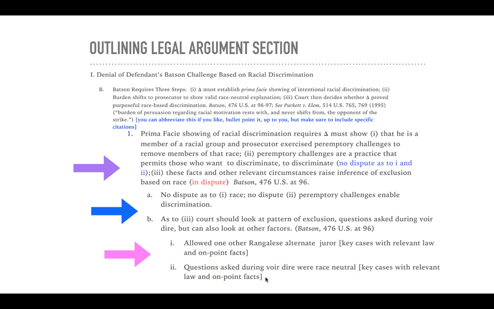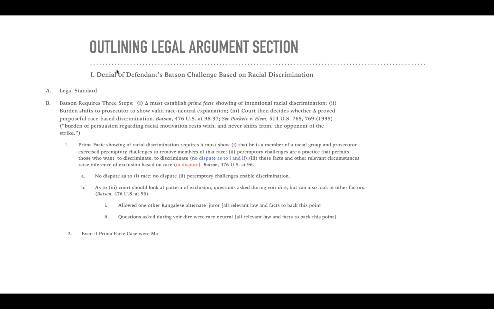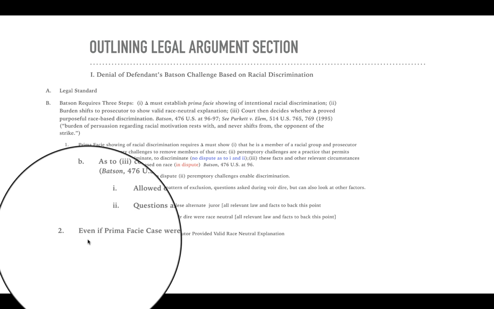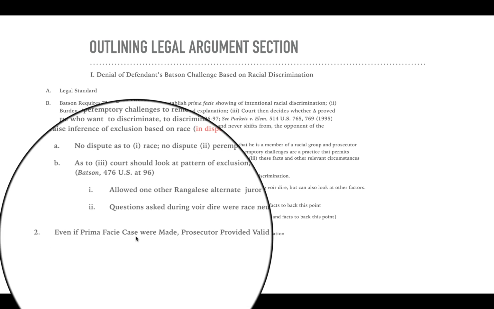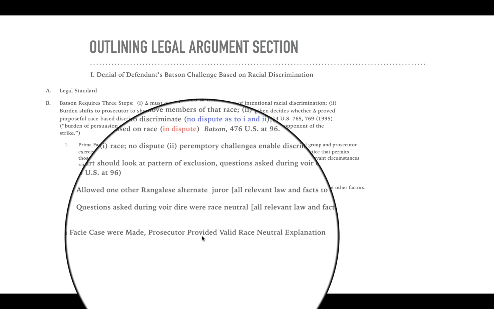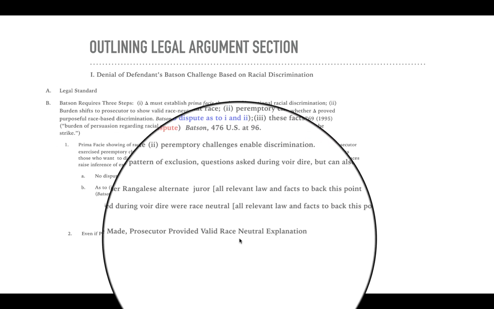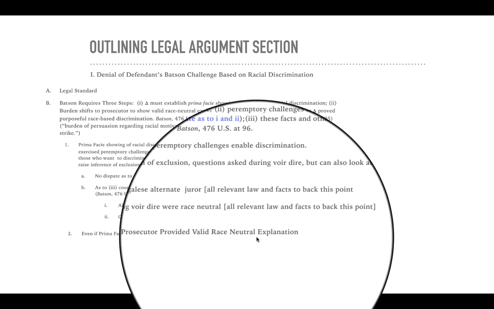And this type of clear, logical organization is what your instructor is almost certainly expecting when you present your memorandum of law. And the outline should continue in this logical format where in the next subheading, you can address, well, even if the defendant was able to make a prima facie case of discrimination, the prosecutor provided a valid race-neutral explanation for excluding that other juror.